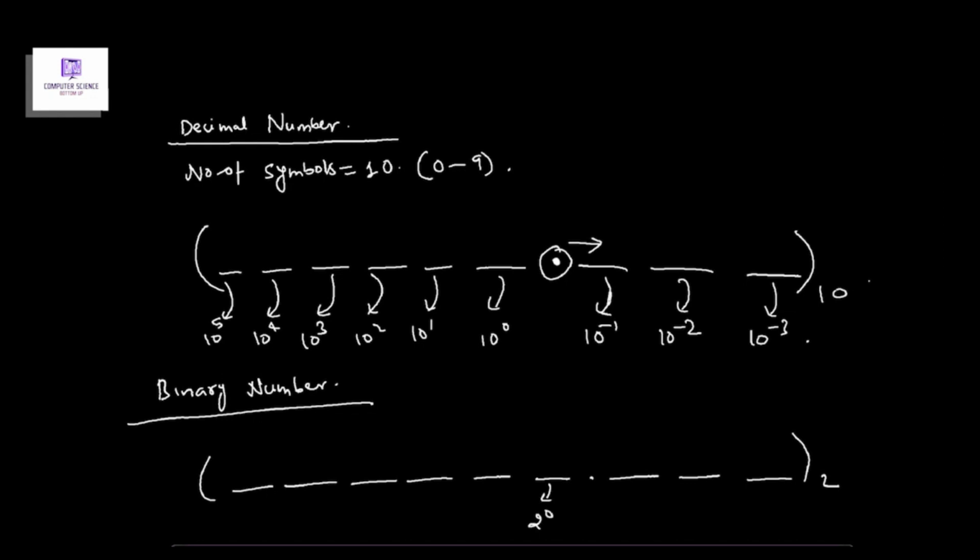This is 2 power 0, 2 power 1, 2 power 2, 2 power 3, 2 power 4, 2 power 5, and after the point, 2 power minus 1, 2 power minus 2, 2 power minus 3.